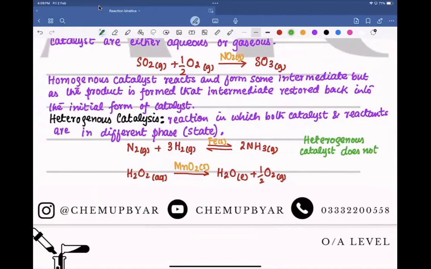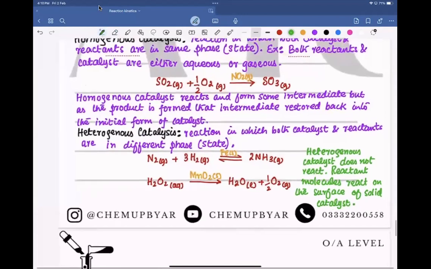The reactant molecules react on the surface of the solid catalyst. Is this clear to all of you?